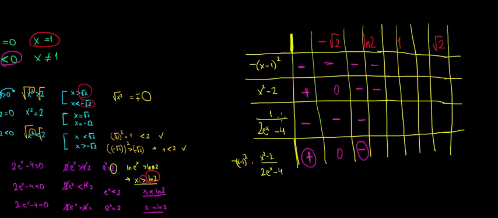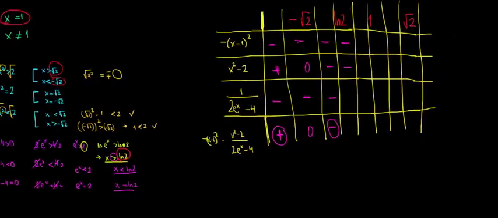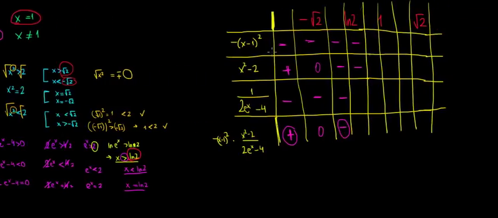But remember that when x equals ln of 2, in the last term, the value is undefined. So the value will be undefined here as well. We put undefined, and undefined with anything else gives an overall undefined value.